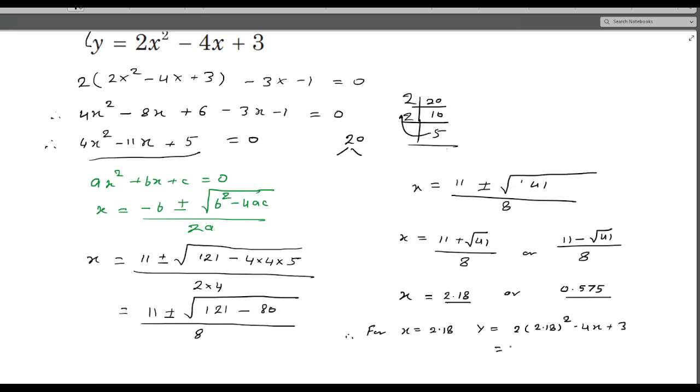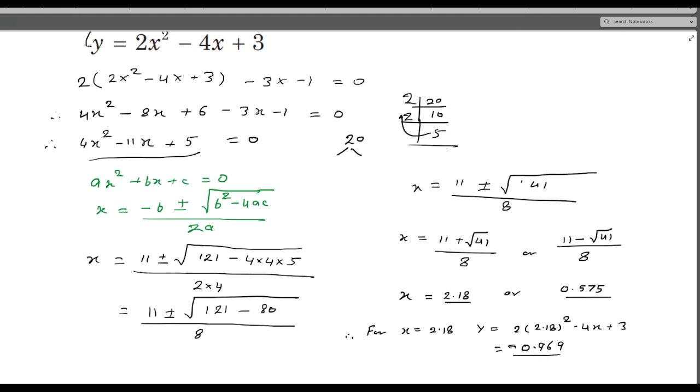So I will use this value, I will square it, then minus 4 times 2.17539 and so on, and then plus 3. So the value of y which we get is minus 0.969.